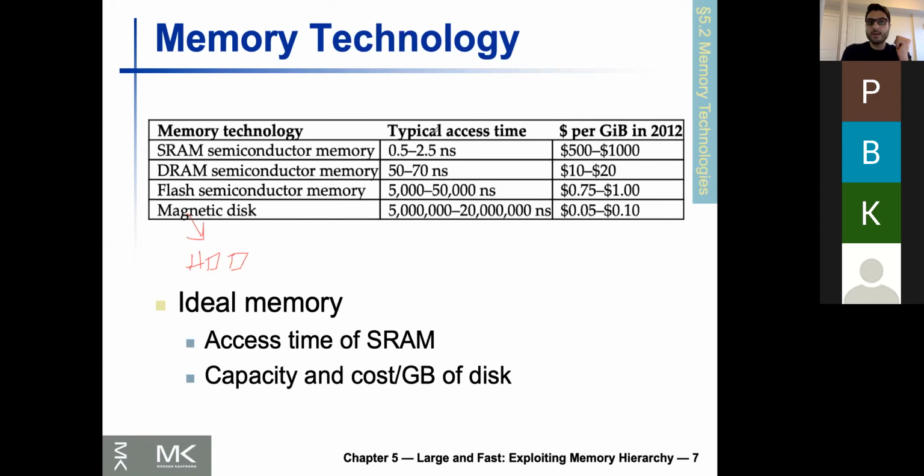The typical access time is an average over many, perhaps thousands or millions of accesses. On average, a typical access time for a hard drive might be within 5 million to 20 million nanoseconds, and nano is 10 to the power of -9.